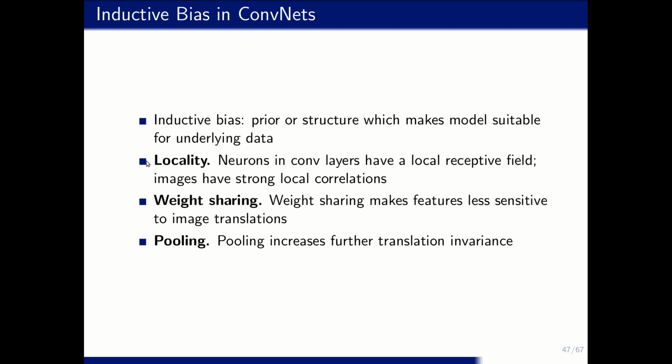So ConvNets have definitely implemented this idea of locality. So we have these convolutional filters, which slide over the images or the feature maps. And at each position, essentially, the output of the convolution is a neuron which has a local receptive field.